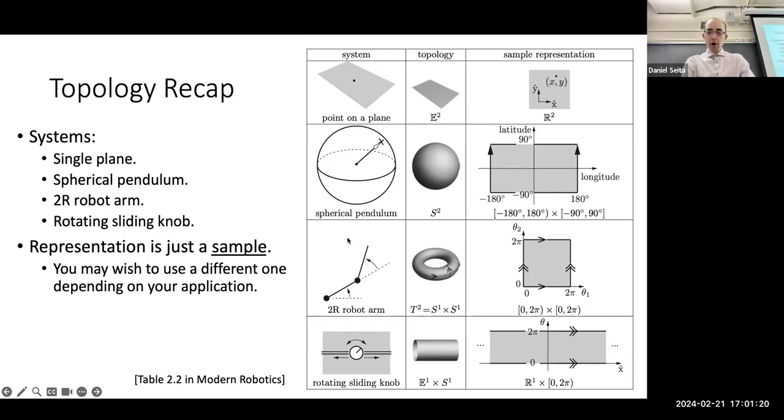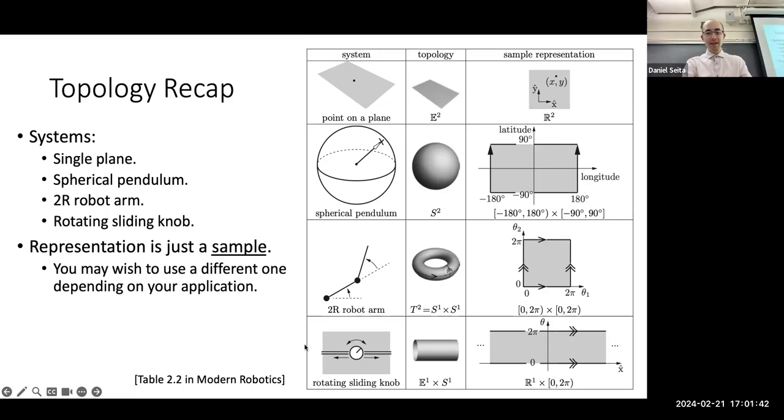Your 2R robot arm, the topology is not the same as a sphere. It's a torus, which is the composition of two single circles. Yeah, so these two are not the same thing. But you could also represent it with two angle-like things. So you can use again this representation.